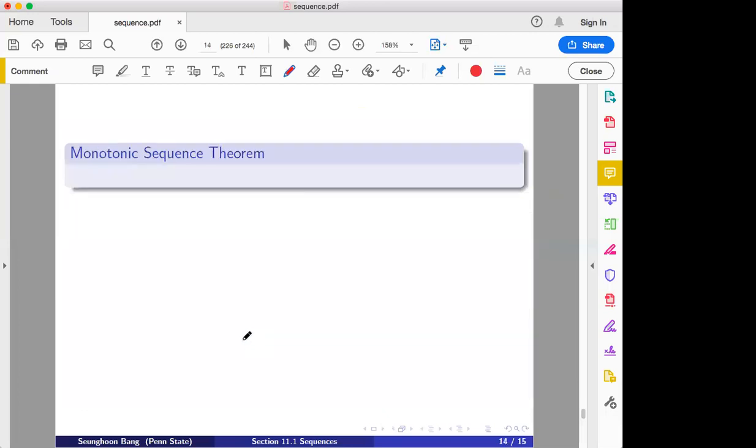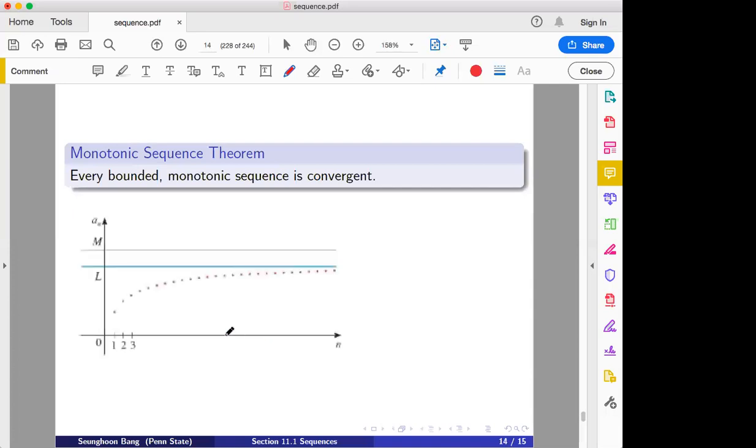One more thing: the monotonic sequence theorem. What is the monotonic sequence theorem? Every bounded monotonic sequence is convergent. This is one more important theorem. Here the sequence is monotonic, just increasing, and bounded below and above.